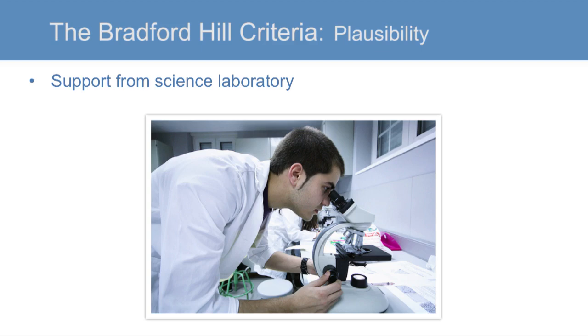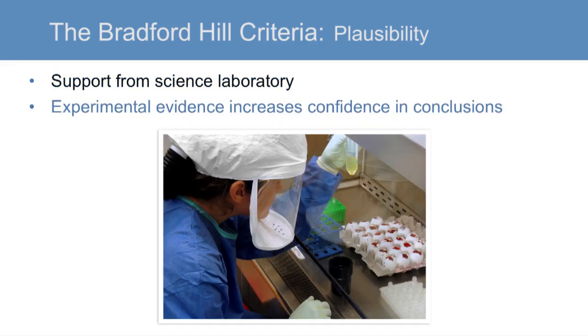However, one can further support a causal relationship with the addition of a reasonable biological mode of action, even though hard data may not yet be available. Laboratory experimental evidence increases our confidence in drawing causal conclusions, but is not essential.